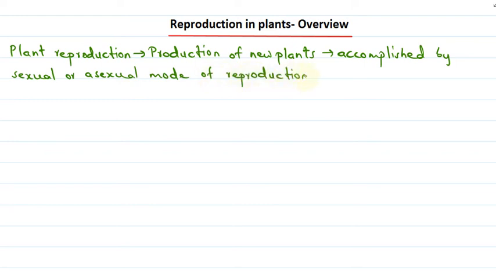We know that in sexual reproduction two parents are involved, male and female, whereas in asexual mode of reproduction only one parent is involved. So let's see what is the overview of plant reproduction.